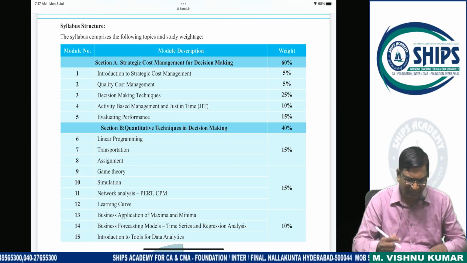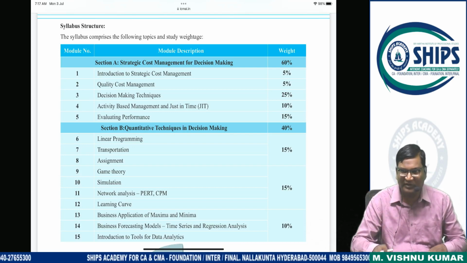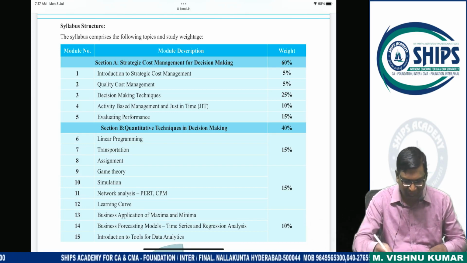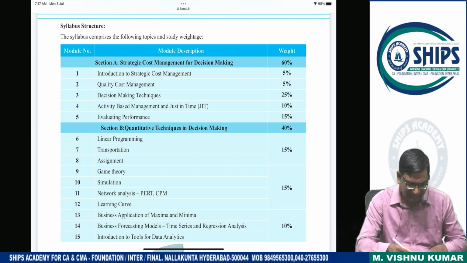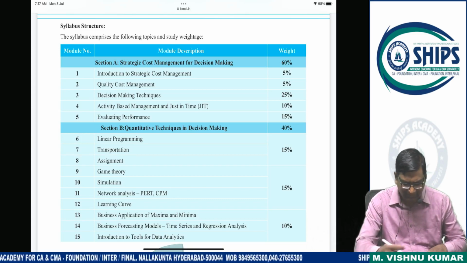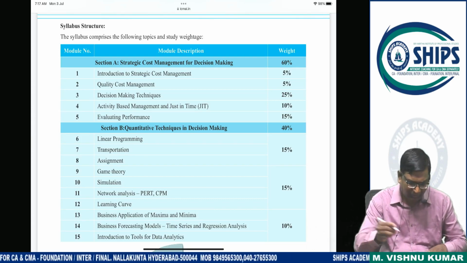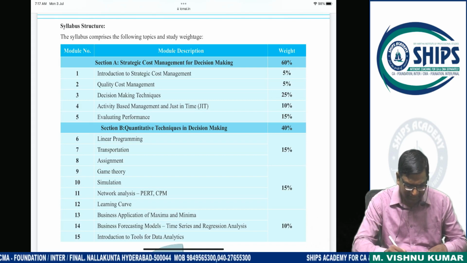So from my point of view it is not a new syllabus; from your point of view it is. Only in costing, some innovative things are given. In operation research, the topics are the same. There is no new topic here.